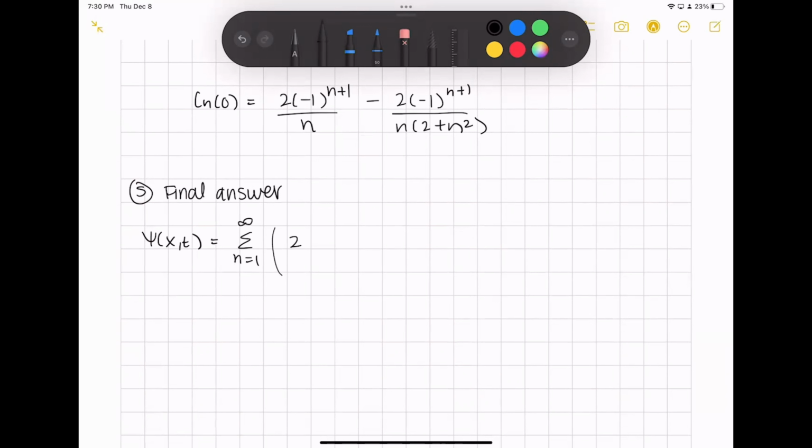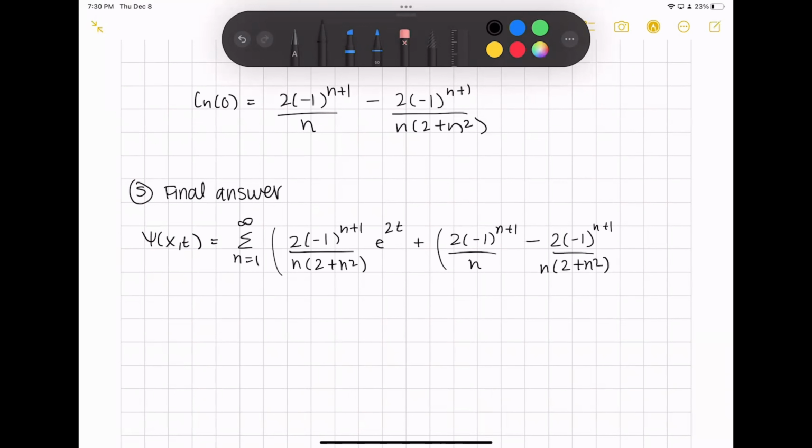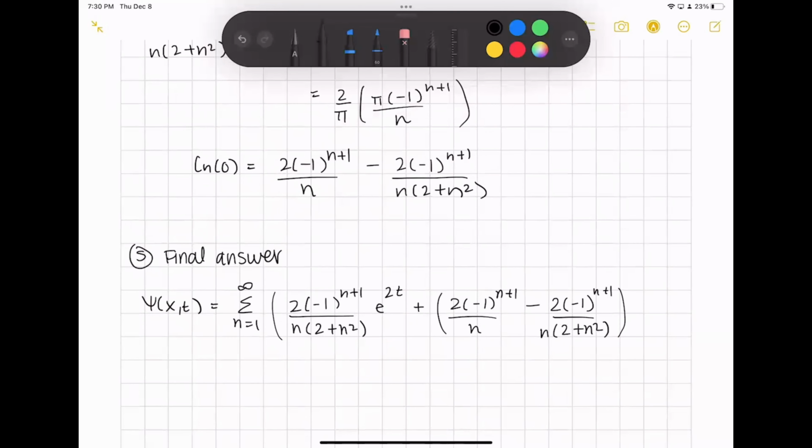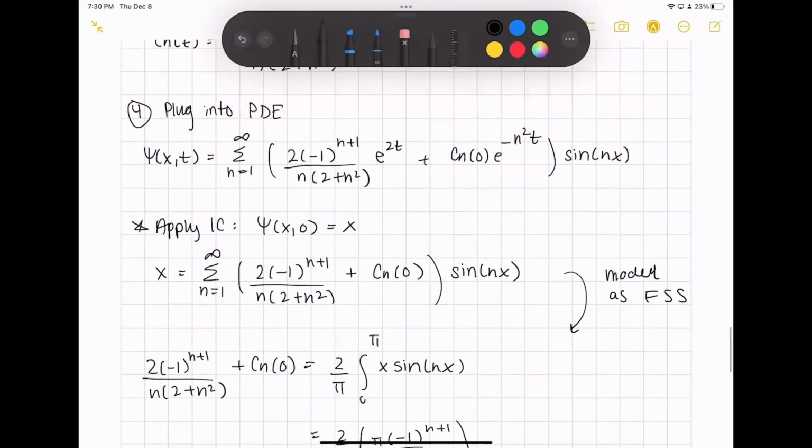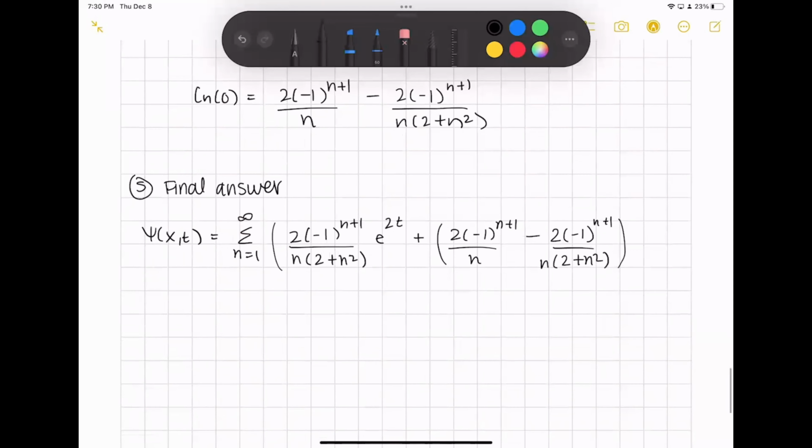So we had our Cn term plus our C naught term. And that C naught, remember, is multiplied by the e to the negative n squared t.